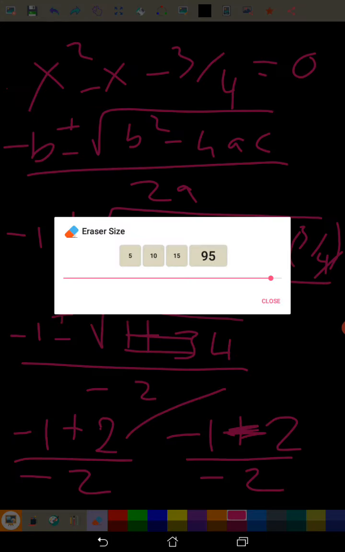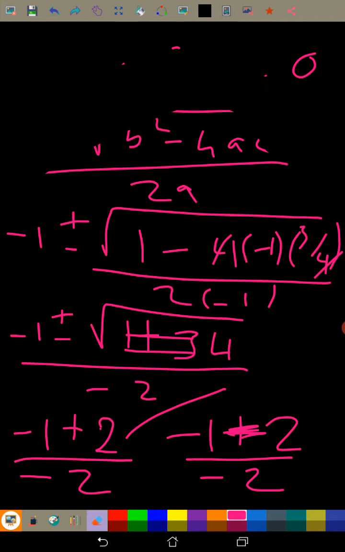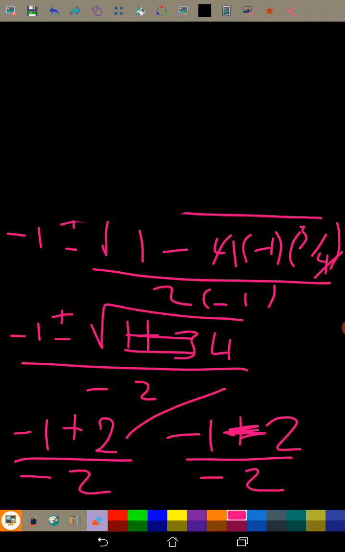Let me do it clearly, because this is something very long. So I have 3 over 2 as one root, and the other one is minus 1 over 2. So that's what we got. We got 2 values of x.